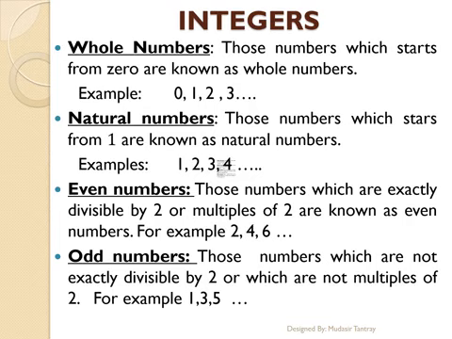For example, 0, 1, 2, 3, and so on. Natural numbers: those numbers which start from 1 are known as natural numbers. For example, 1, 2, 3, 4, and so on.